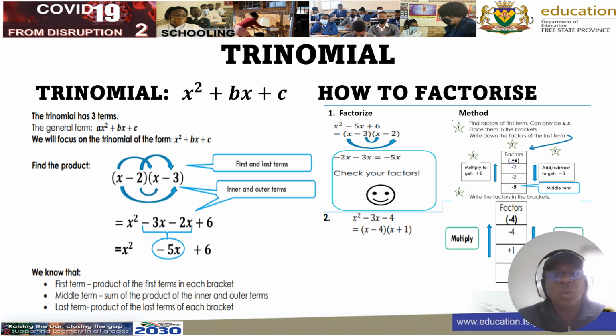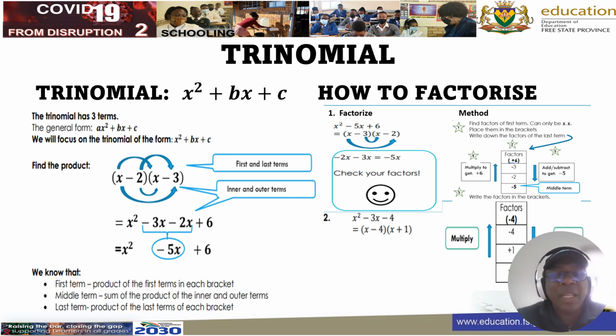Now, how to factorize a trinomial? First, find the factors of the first term, which is x squared. We have x by x. Place them in the first bracket and also in the second bracket. Thereafter, you write down the factors of the last term.